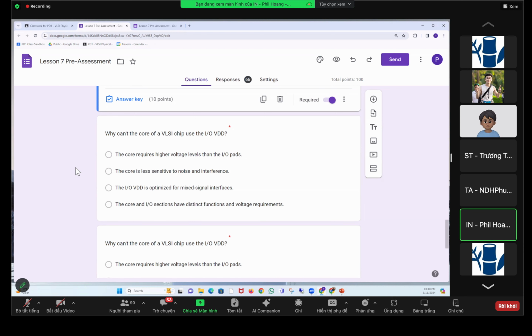Yeah, a lot of you answered D. That's correct, right? No need to explain that, right? Because the core doesn't always have higher voltage levels. The core is not always less sensitive. I/O is optimized for mixed signals, makes no sense.